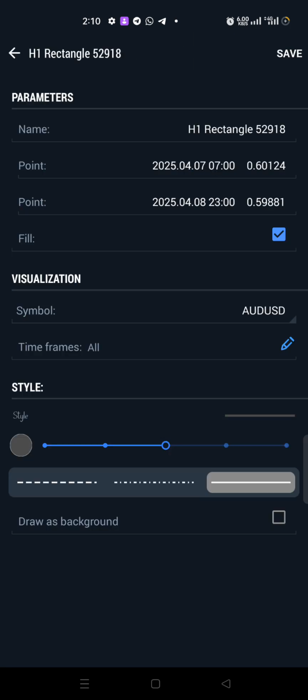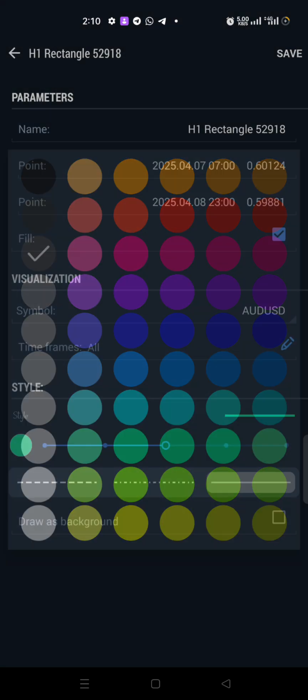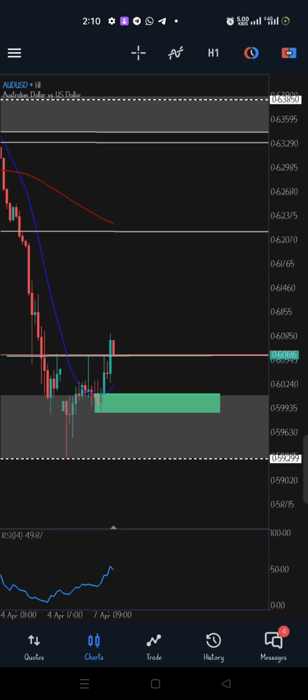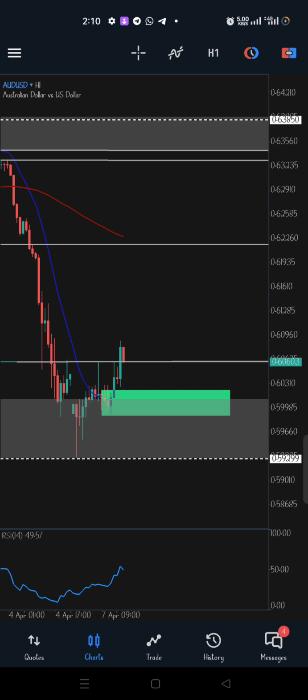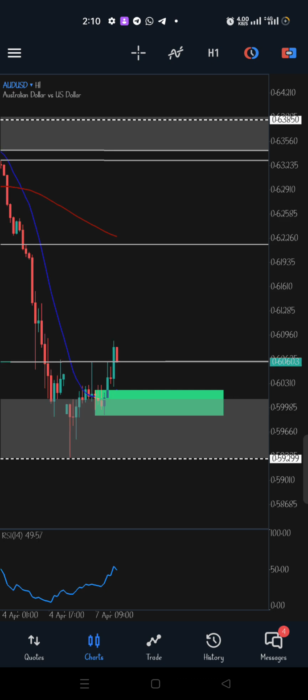So we have another block. I would like to change this to green. So that's on the 1 hour time frame. We have our order block highlighted in green.